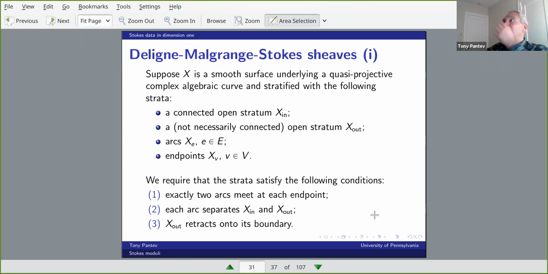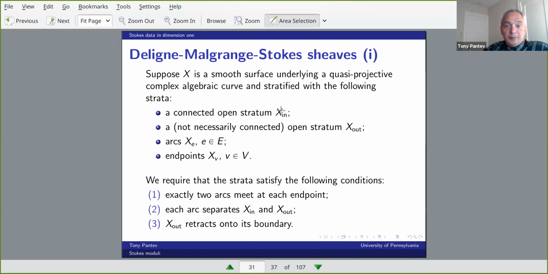The same way the stack of G-local systems on a space is maps from that space to BG, we want the stack of Stokes filtered local systems to be maps to something. And it's not going to be maps to anything. It's going to be sections in a constructible sheaf of stacks. And that's why we needed these relative symplectic structures, in order to say that on the sections of a constructible sheaf of stacks we actually get a Poisson structure.